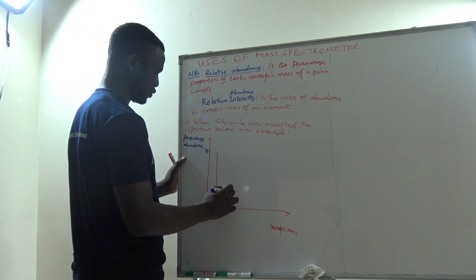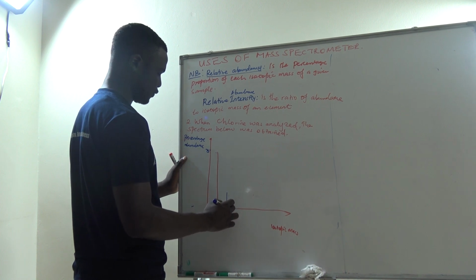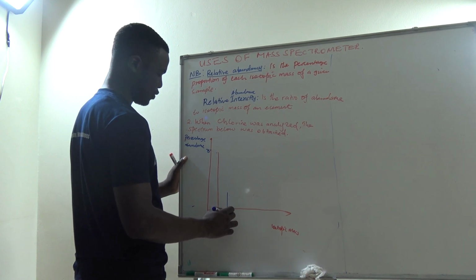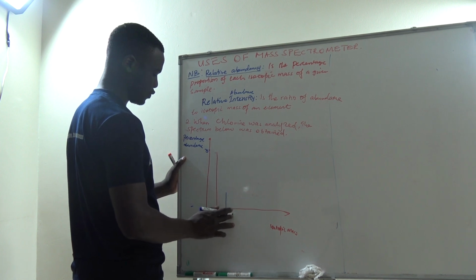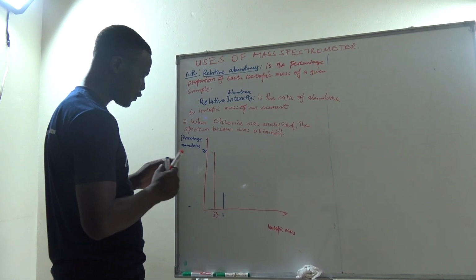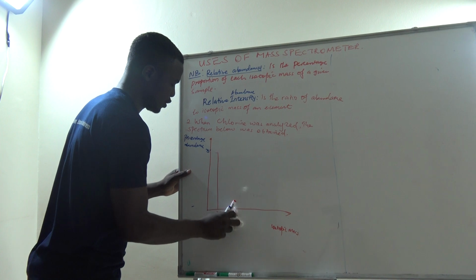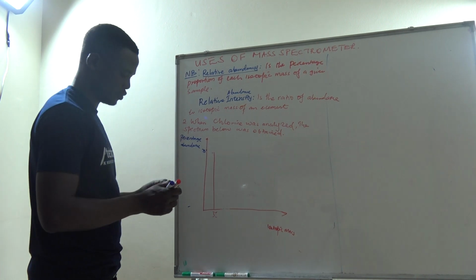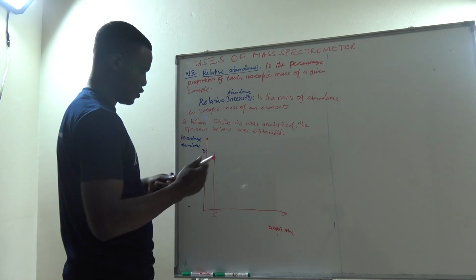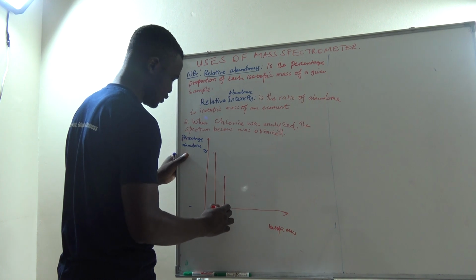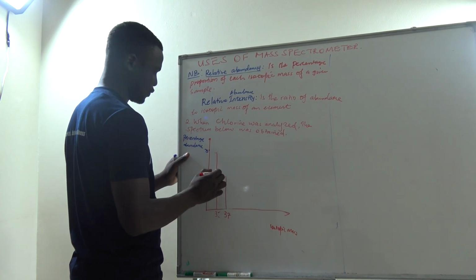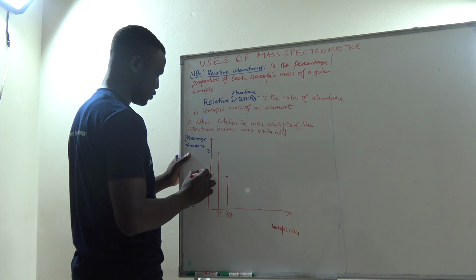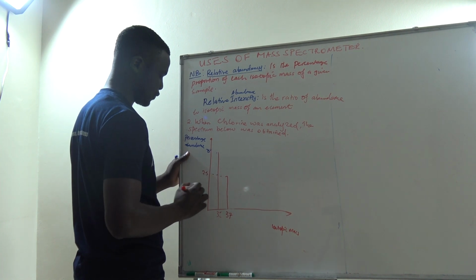This corresponds to 35. This is the same thing. This corresponds to 37, and the abundance is 25.